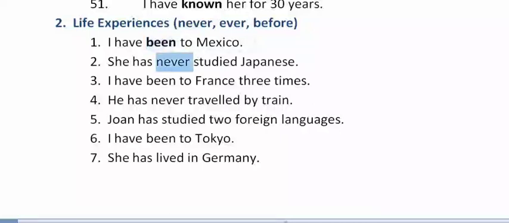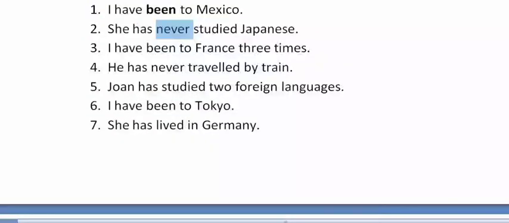Been. Again, what is the trick? Just look out for the words has and have, and the word adjacent to them will be V3. Sometimes there can be a change of sentence structure. Now here you see there's a negation, so never has appeared in between has and V3. That's completely fine.